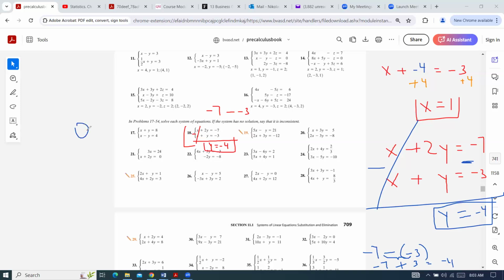So 17 is the quiz. For quiz number 17, you don't need to show me your work. You just answer. Just tell me what is x, what is y. So once you found those two numbers, then feel free to relax, because we had a big day with all these big systems.